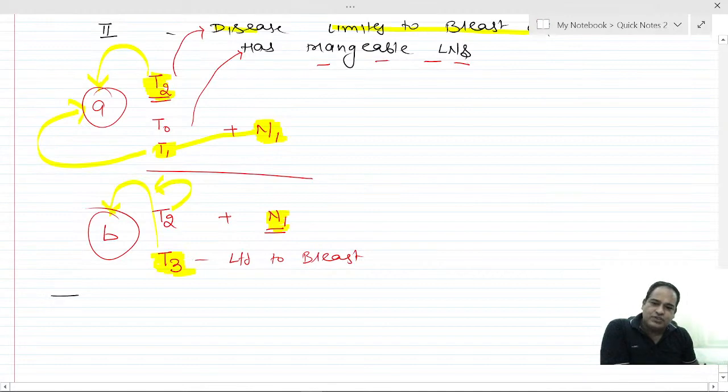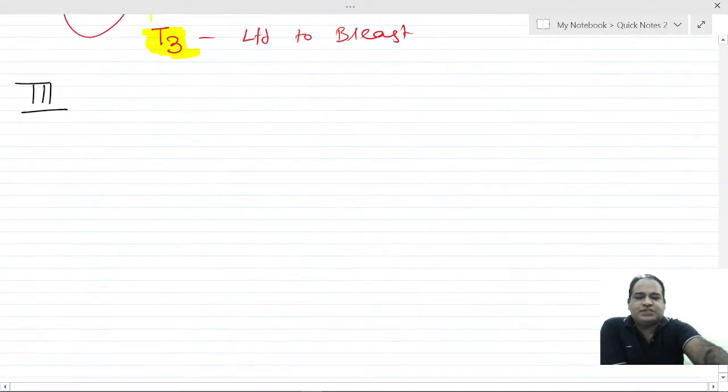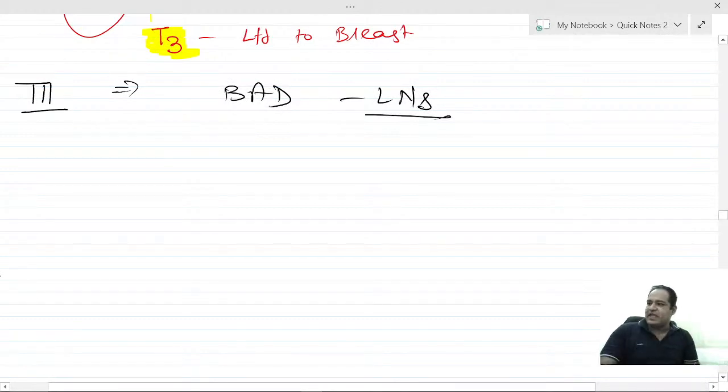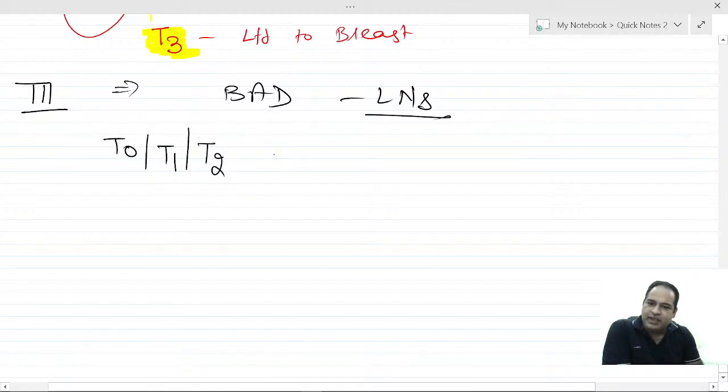If you want to summarize, stage 3 is the disease of bad lymph nodes. Fine. So T0, T1, T2 plus N2, bad lymph node.